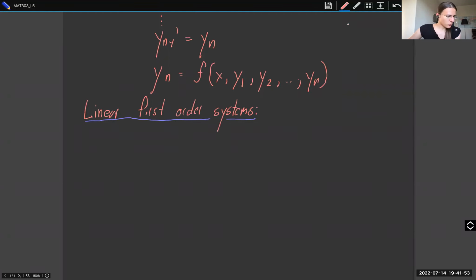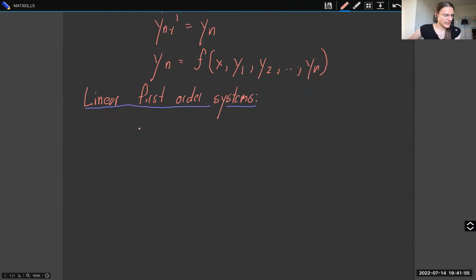So what a linear first order system with n equations looks like is we have y1 prime is equal to a11 y1 plus and so on up to a1n yn, where the coefficients are now labeled as they would be with matrix entries.